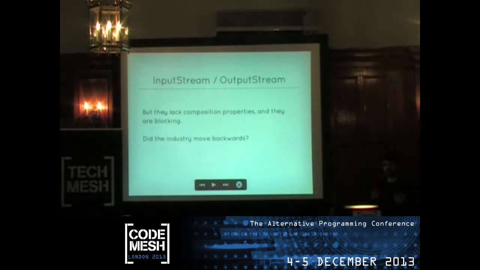First, they lack any composition functions or properties. They went the right path, but they don't have these composition properties. And also they are blocking, which is not good for our case. We don't want to block any resources if someone is trying to consume a message that is not there yet. So we also need non-blocking properties.